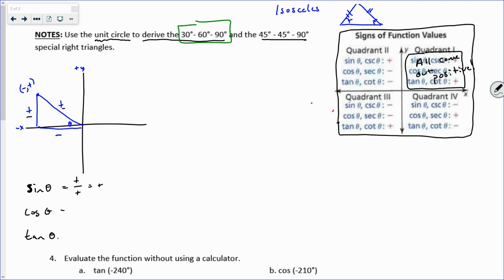If we go adjacent over hypotenuse, so this is the first time negative divided by a positive comes out negative. And if we go opposite over adjacent for TOA, we're going to get opposite over adjacent, which is also going to come out negative. So you'll notice that the only thing that is positive here is sine, right?